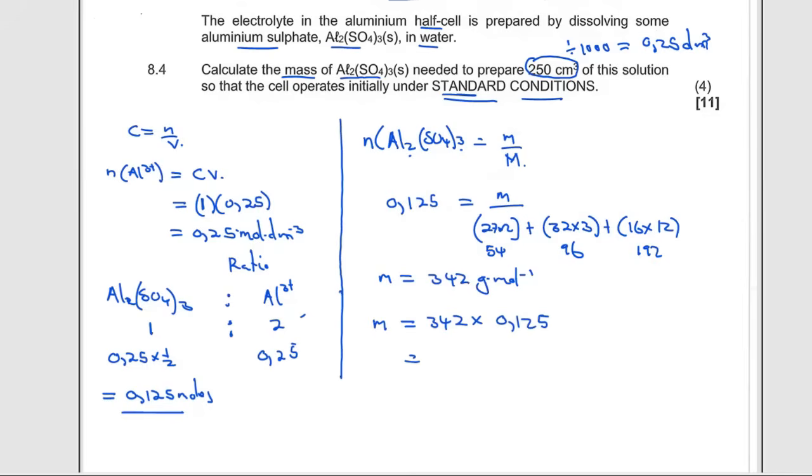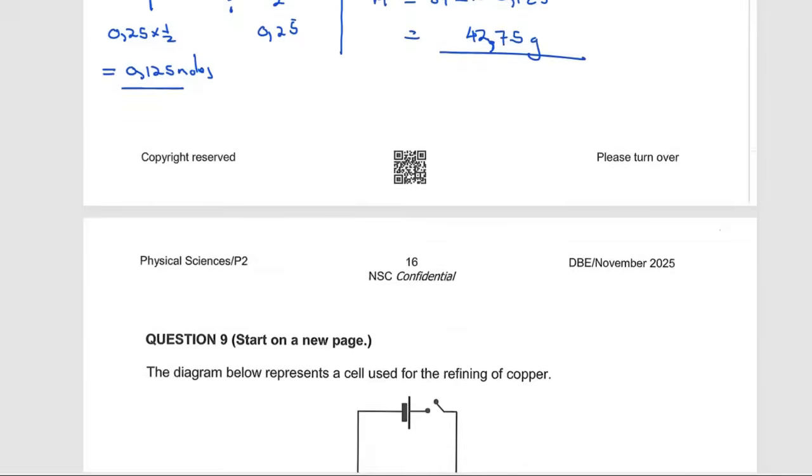If I multiply, 342 multiplied by 0.125 is equivalent to 42.75. So my answer is 42.75 grams. Okay, now we're done with question 8.